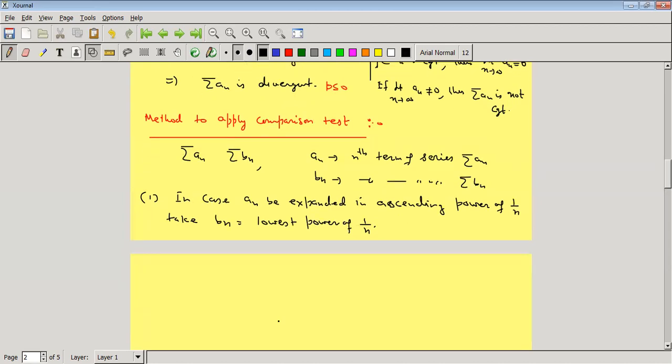If we expand the series in ascending powers of 1 upon n, then what is our bn? We can take bn to be the lowest power of 1 upon n.